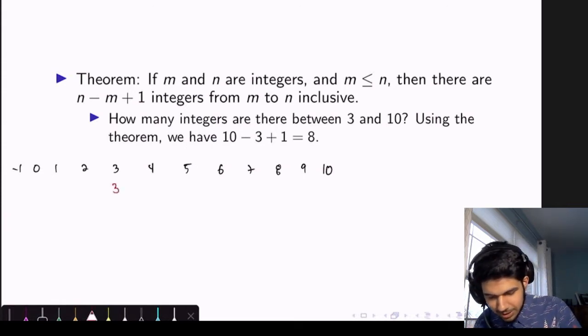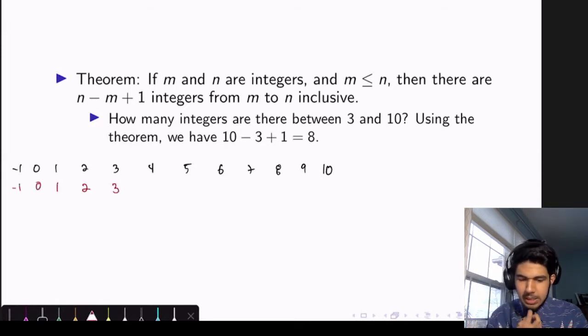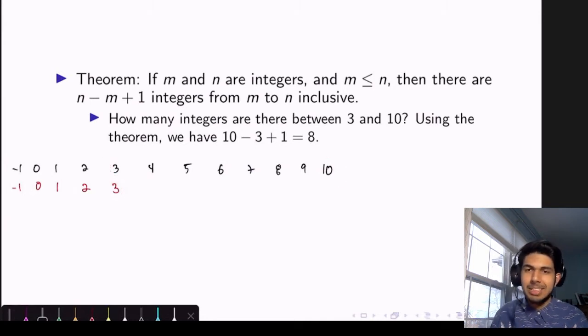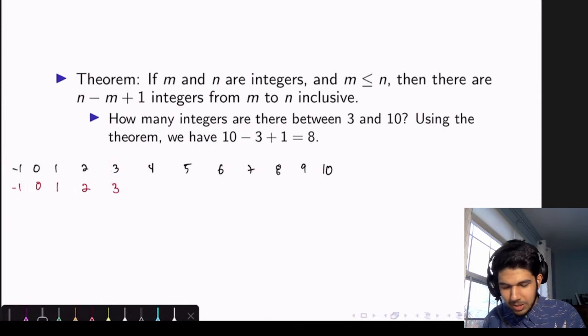So we can start at 3, 2, 1, 0, -1. So we start with these black numbers, and we're removing all of the red ones. Kind of. We're removing all of them except 1, because we want to include 3 in this boundary, from 3 to 10 inclusive. So we do 10 minus 3, which would get rid of all of these values.